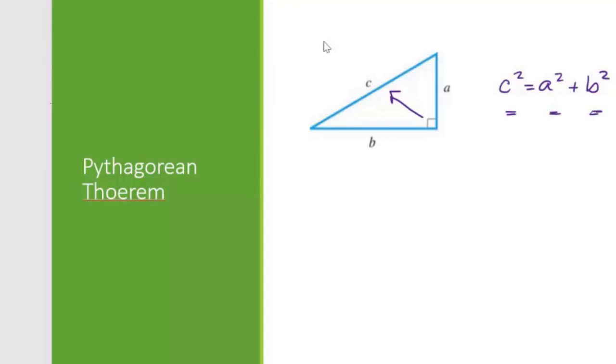So while it is common to label the hypotenuse as c, it's not the only way to label a triangle. In fact, a right angle triangle could have hypotenuse a. And in this case, we'd have to express the Pythagorean theorem as a squared, the hypotenuse squared, is equal to b squared plus c squared. So it's important to pay attention to how your triangle is labeled.